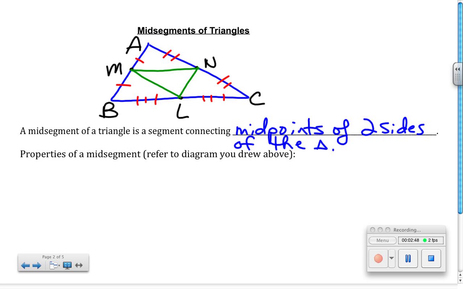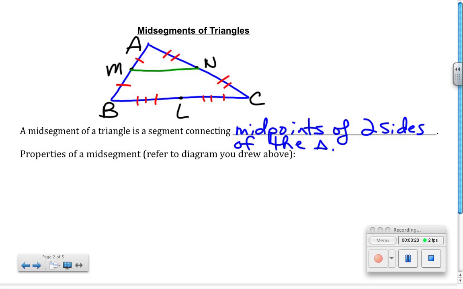However, in the interest of really noticing the relationships that exist between a mid-segment and other sides of the triangle, let me ask you, do you notice anything? Do you have a hunch about something? MN sure looks like it's what? Is there a relationship that you have a hunch exists in this diagram?